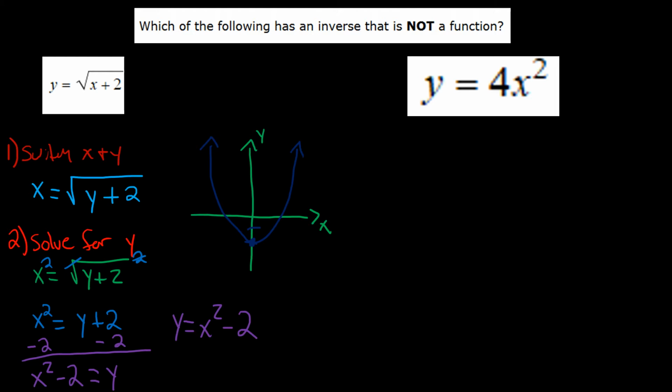So if I did a vertical line test, we would draw our vertical line, come up and down, and it only touches once. It doesn't matter where I draw this vertical line, it's only going to cross that once. So because of that, this is a function.